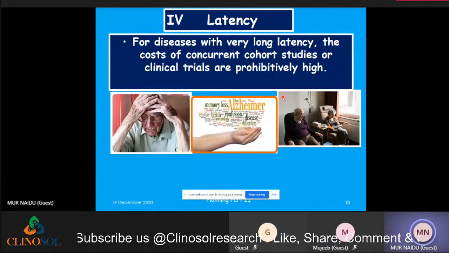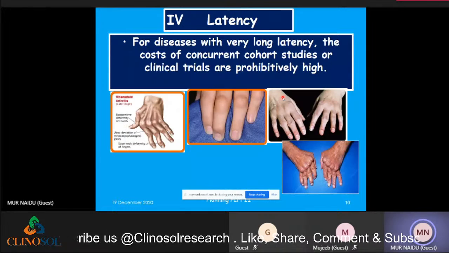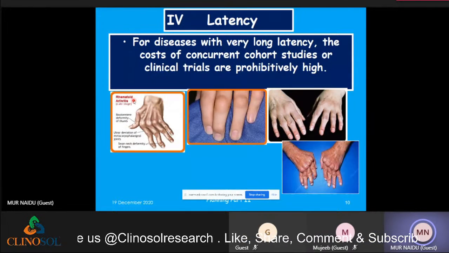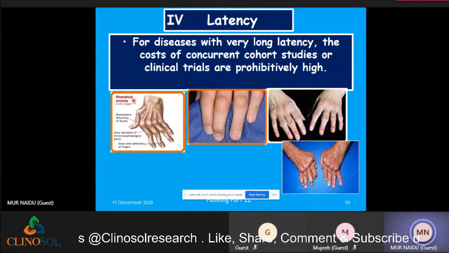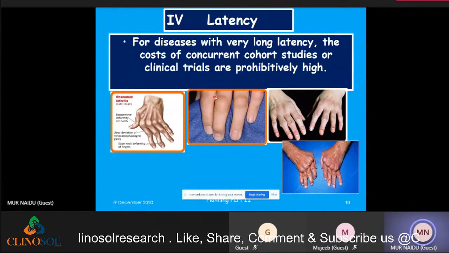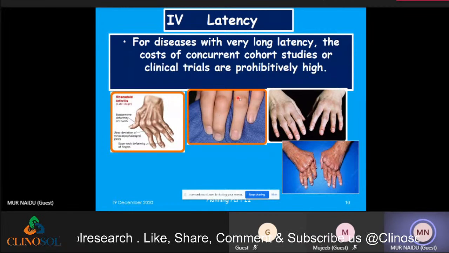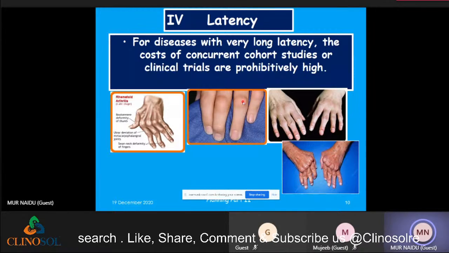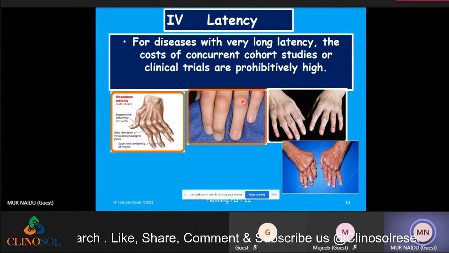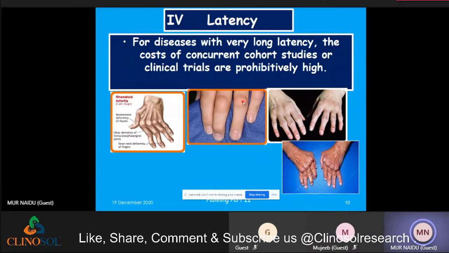Another very classical example of a long-lasting disease is rheumatoid arthritis. It takes a very long time. Initially, the patient develops a typical swelling of the interphalangeal joints of the fingers. He thinks there is something, but never thought that he is developing rheumatoid arthritis.